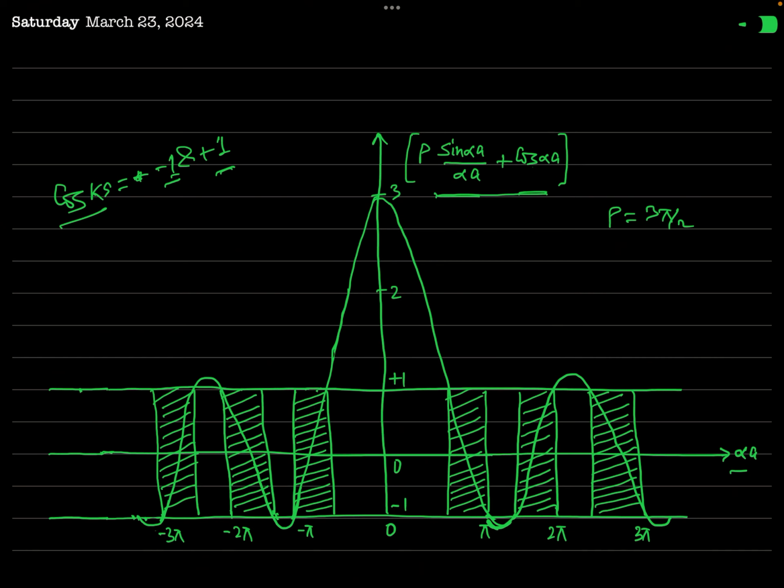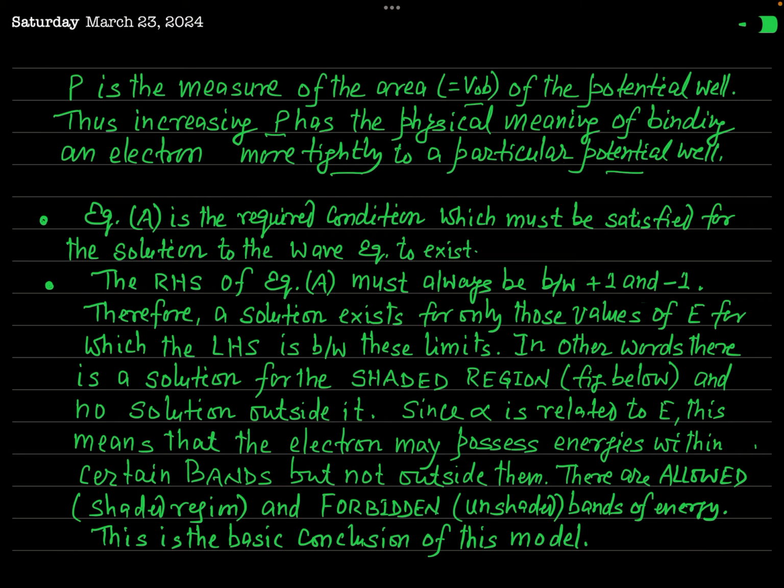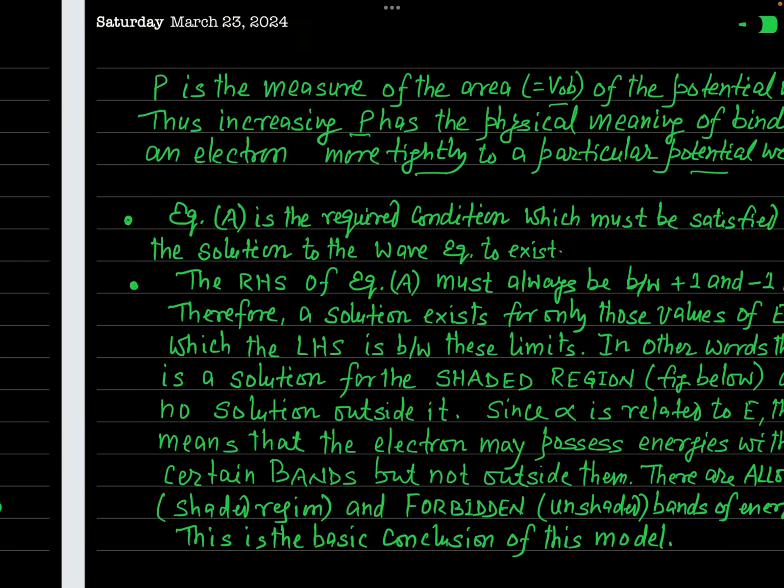And on the other hand, after this 2 pi, you can see again that there is a deviation in the curve, which implies that for this deviation the LHS will be greater than +1. But it is not possible physically. So definitely its physical meaning will be something different. So you can see that this is the result which we have obtained here.